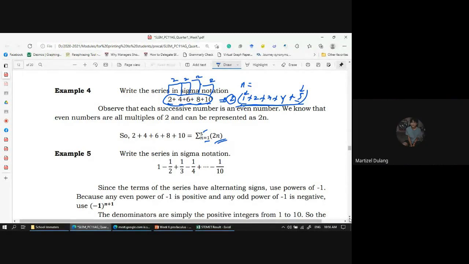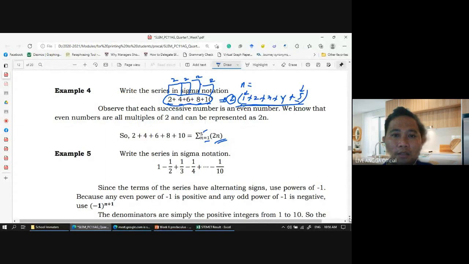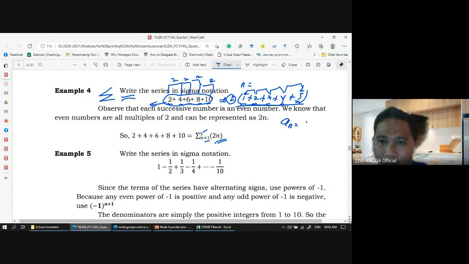The best thing to do is to factor it, then check whether terms with a common difference of 1 come out. If the common difference is 1, we can use a sub n equals a sub 1 plus n minus 1 times d.